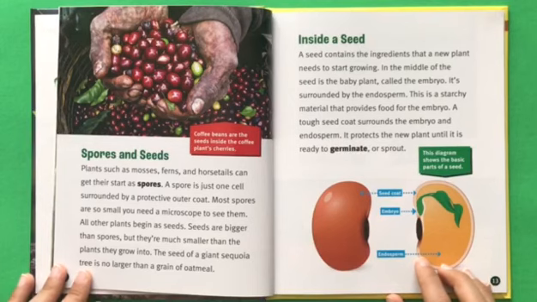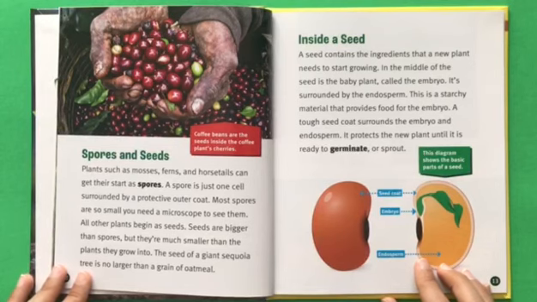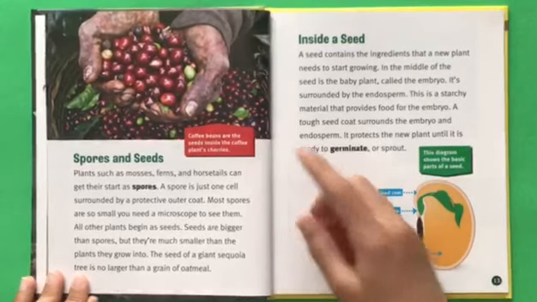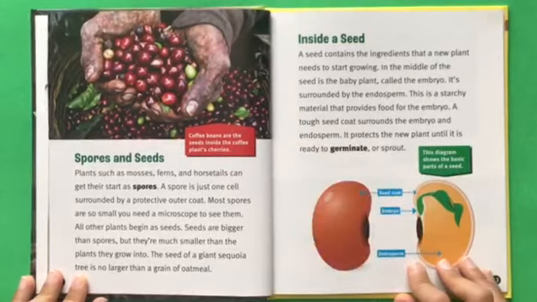A spore is just one cell surrounded by a protective outer coat. Most spores are so small you need a microscope to see them. All other plants begin as seeds. Seeds are bigger than spores, but they are much smaller than the plants they grow into. The seed of a giant sequoia tree is no larger than a grain of oatmeal.